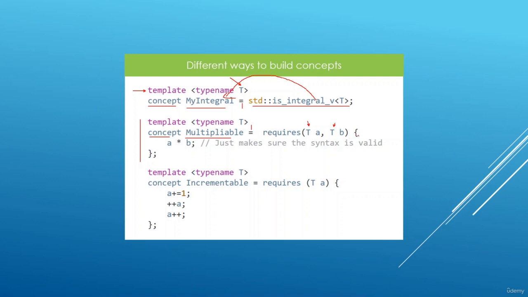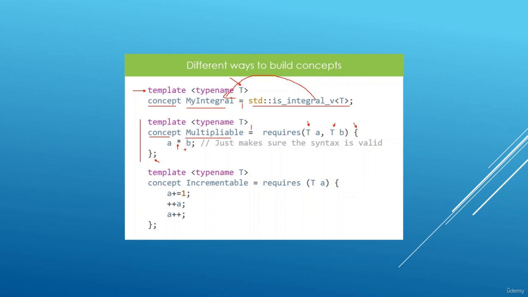And then you're going to put a pair of curly braces, and inside that, you're going to specify the syntax you want your concept to satisfy. For example, here we want for the two parameters to be supporting the multiplication operator. If this multiplication operator is not supported for the template parameters that we pass, the concept is going to fail.